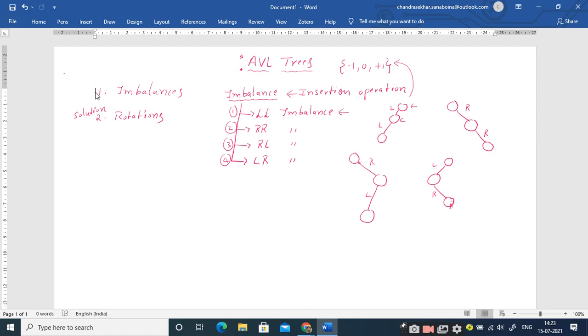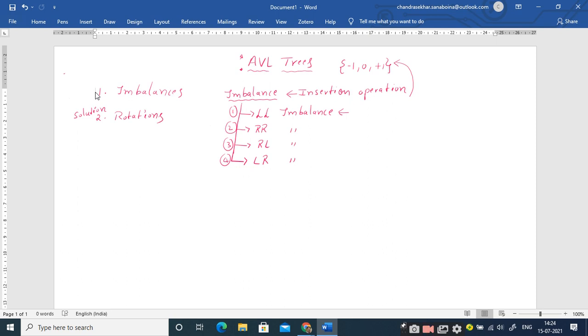Yes, sir. Clear, sir. So this is a vague example we have given. Now I try to explain the same concept with some numbers or alphabets, whatever it can be. So let us take the alphabets.